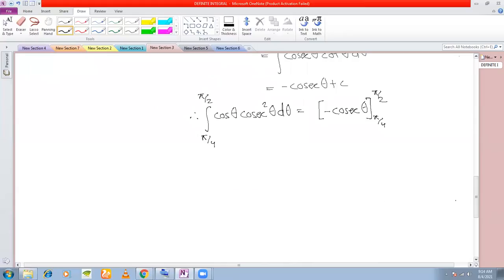If you want, you can remove the sign and interchange the limits, or otherwise what you can also do is take the negative sign outside and keep the upper and the lower limits unchanged, pi by 4 to pi by 2. So what you get here is minus cosec pi by 2 minus cosec pi by 4. So you get here cosec pi by 4 minus cosec pi by 2.